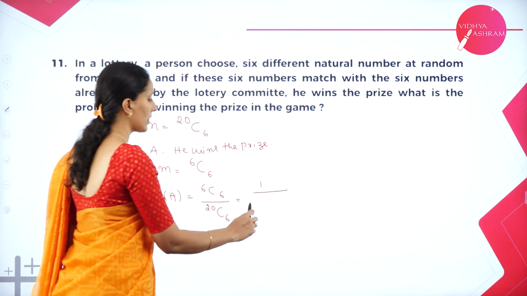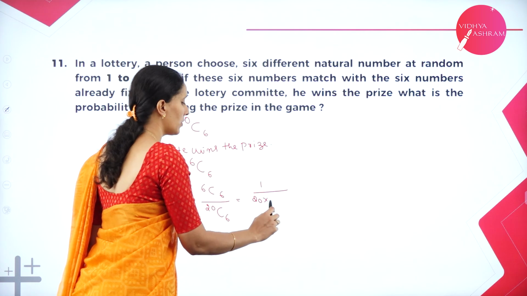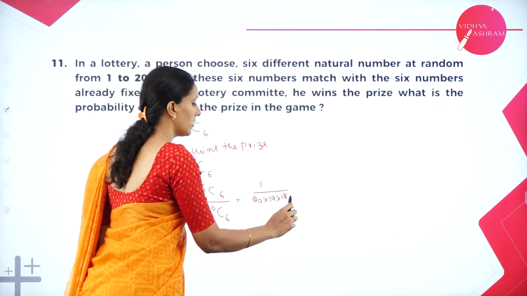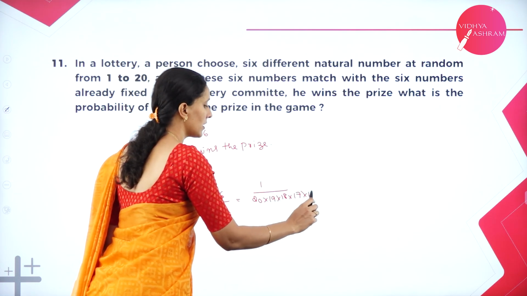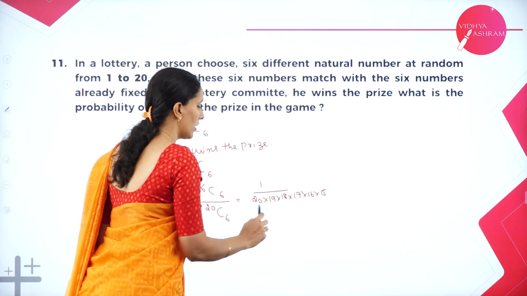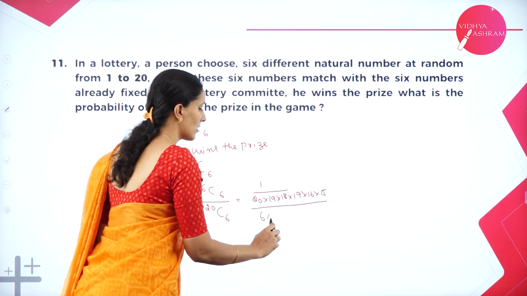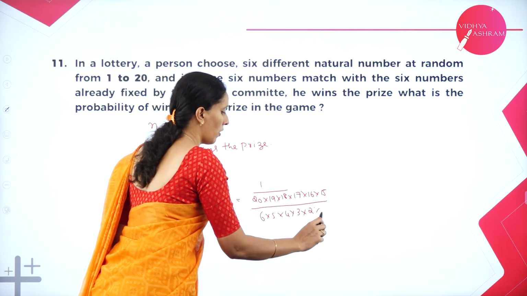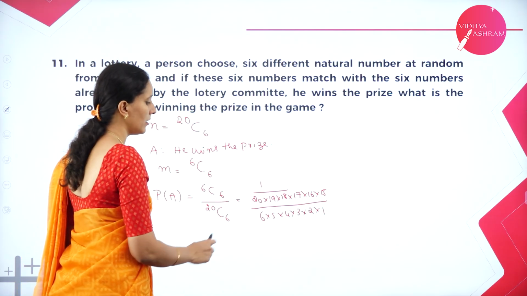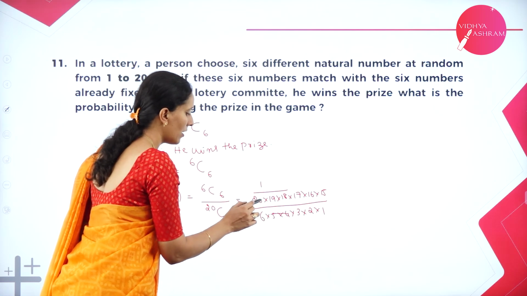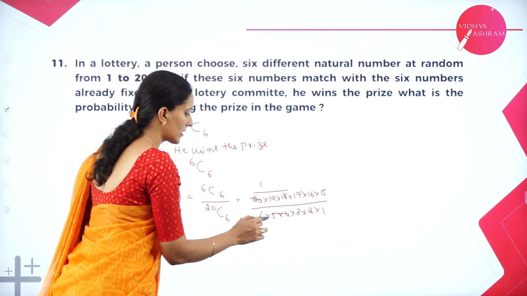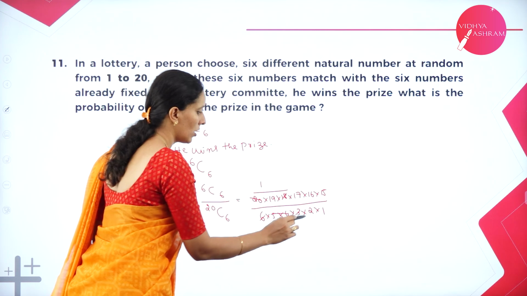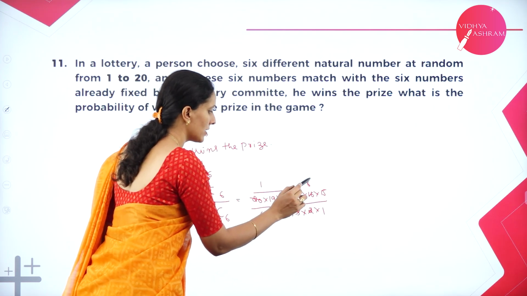20C6 is nothing but 20 into 19 into 18 into 17 into 16 into 15 divided by 6, 5, 4, 3, 2, 1. So we can calculate here. We can cancel: 5 4s are 20, 6 3s are 18, 2 8s are 16.